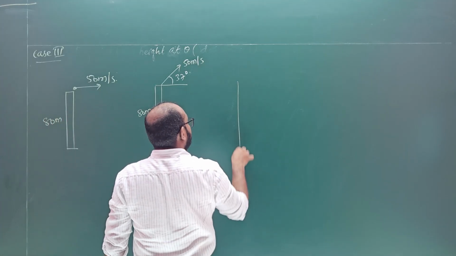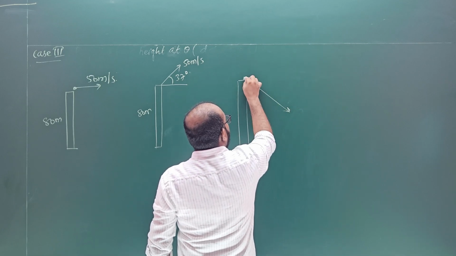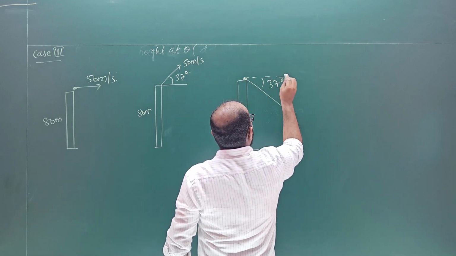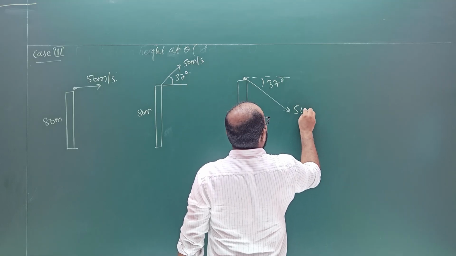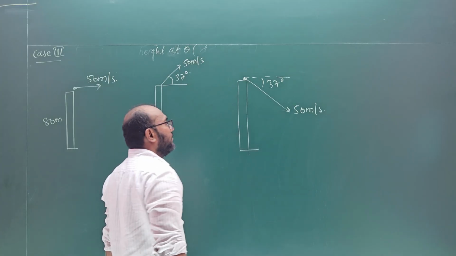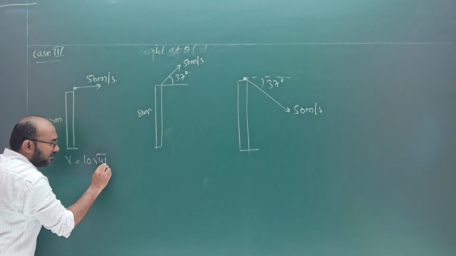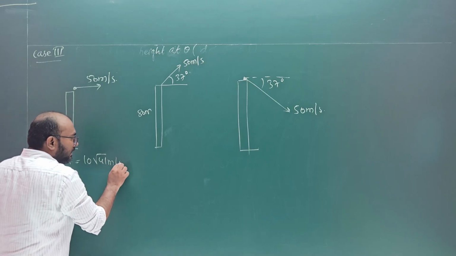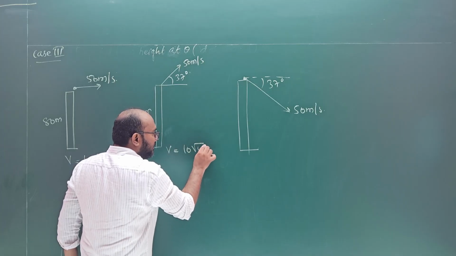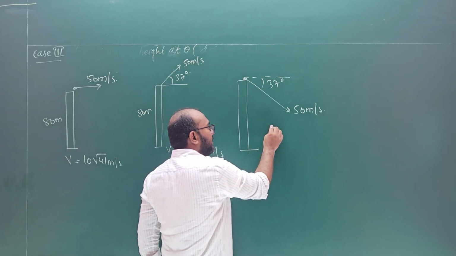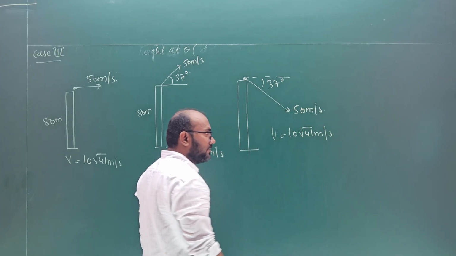In the third case, we threw the object in the downward direction at 37 degrees, again at 50 meter per second. Here we got final velocity V as 10 root 41 meter per second. Here also, when it is hitting the ground, 10 root 41 meter per second. Here also we got the same velocity, 10 root 41 meter per second.